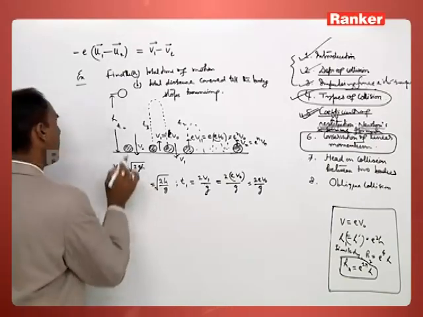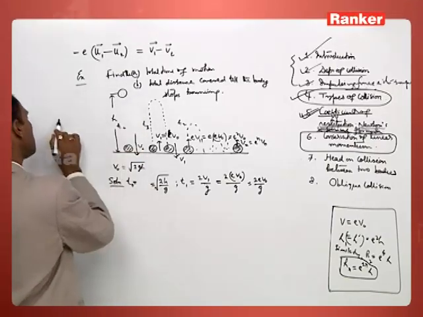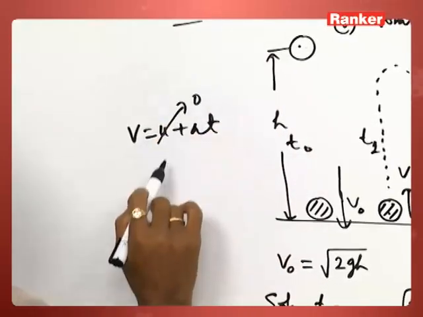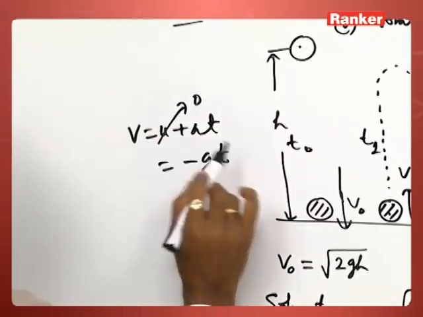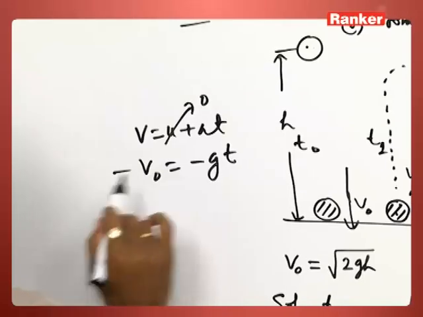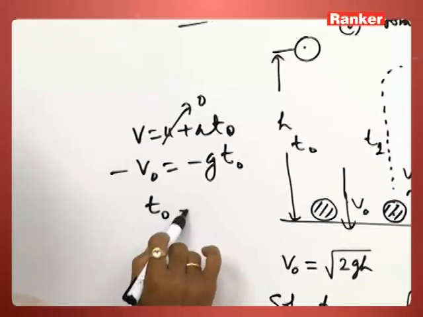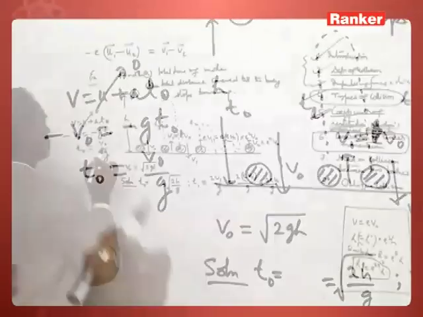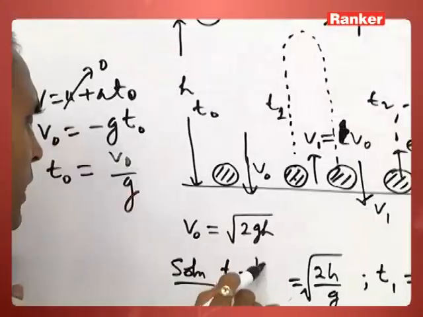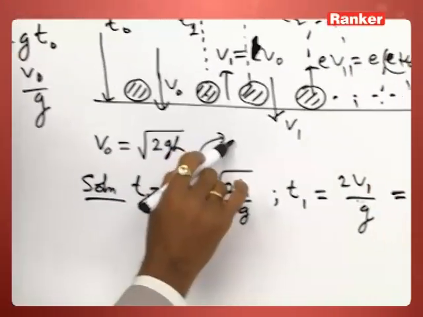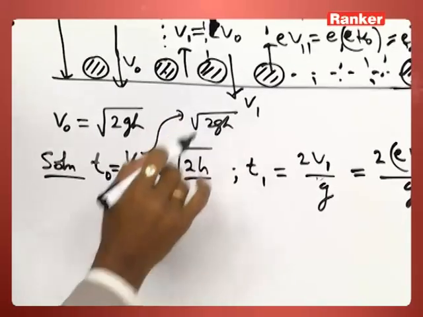You can write as from here to here, if you just write v equal to u plus at, here u is 0, a is minus g, and v is minus v0. So you can just write t0 is equal to v0 upon g. This you can write directly v0 upon g, where v0 equal to square root of 2gh.